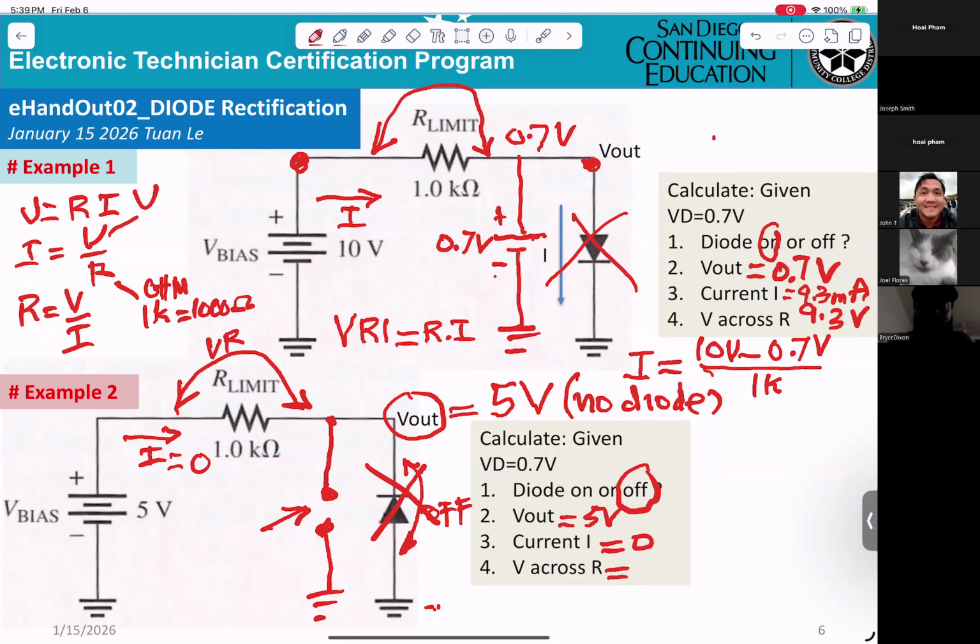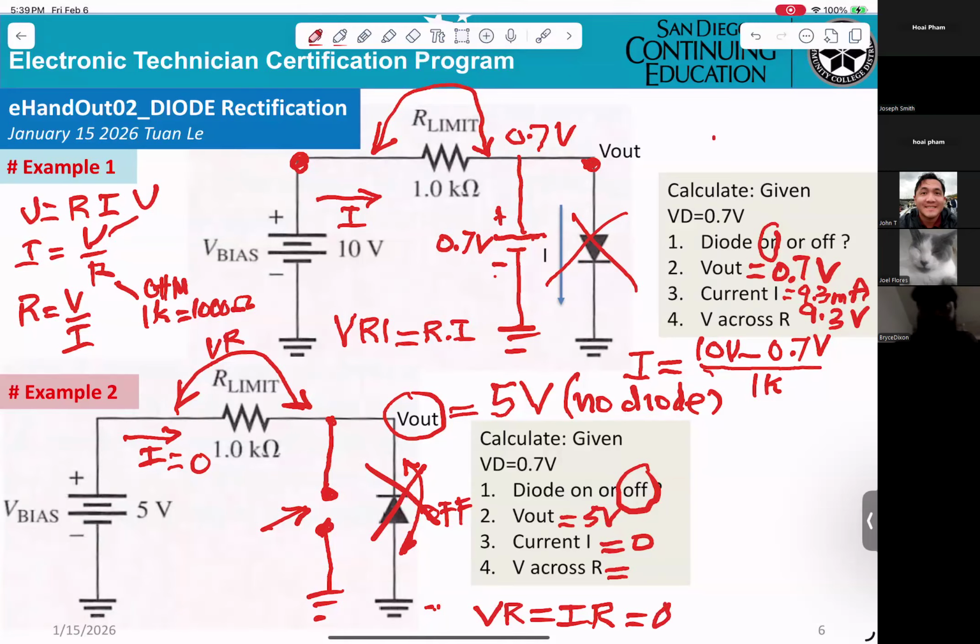Is it 5 volts? VR means the voltage across R. I have R. What does I equal? 0, right?